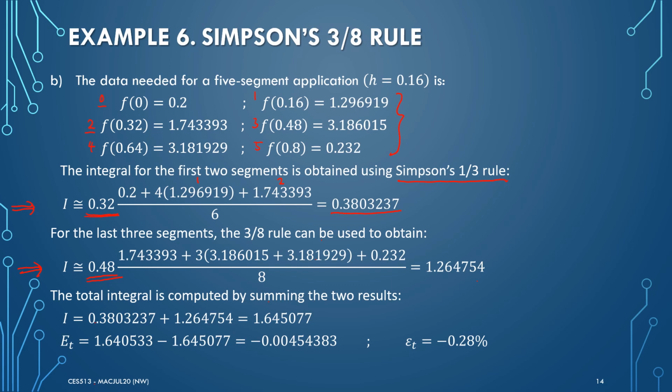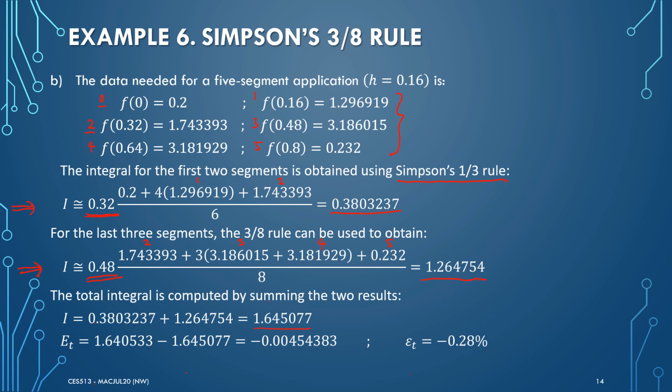Multiply by 1.743393, which is point number 2, plus 3 multiplied by internal points number 3 and number 4, plus the endpoint, which is f(x5), number 5, 0.232, divided by 8. Then we will get 1.264754. So the total integral is computed by summing these two results. So this is the total integral.